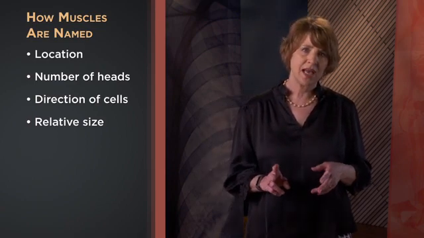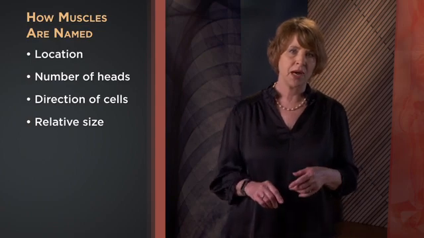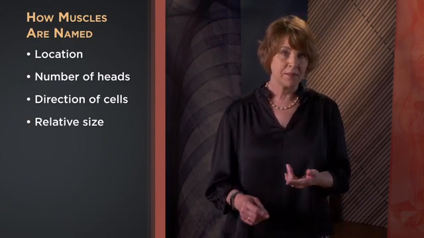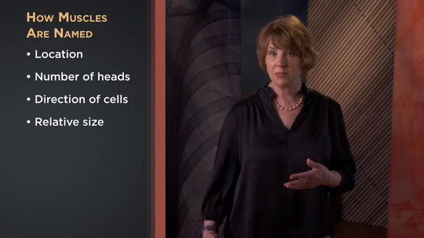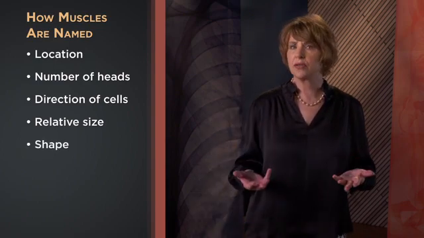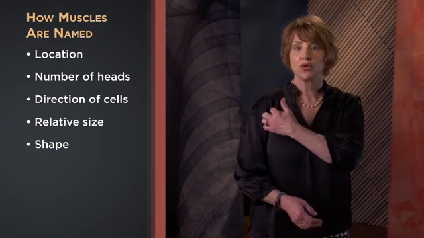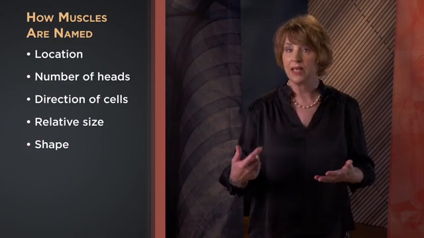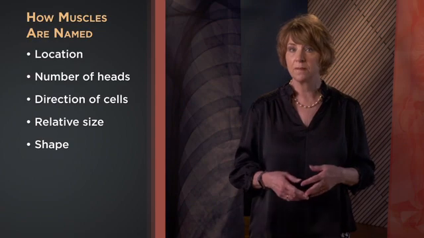Sometimes, though, a single adjective is used for two different body regions, as with biceps brachii of the arm and biceps femoris of the thigh. Some muscles are named for their shape, like the deltoid of the shoulder, which is relatively triangular shaped, like the Greek letter delta.